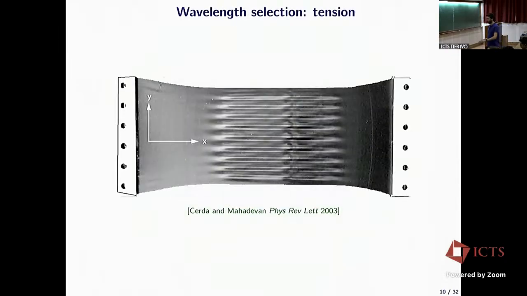Okay, so now let's move to two-dimensional buckling. What happens in the variety of systems that you can make with these sheets and elastocapillary phenomena is that what favors large wavelength is always the bending energy.